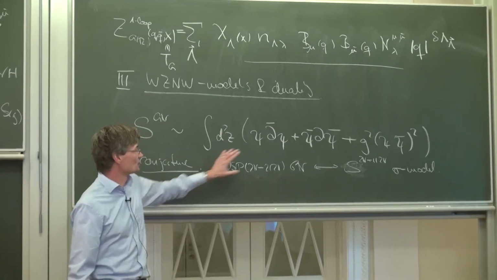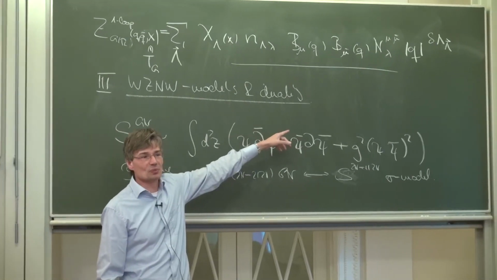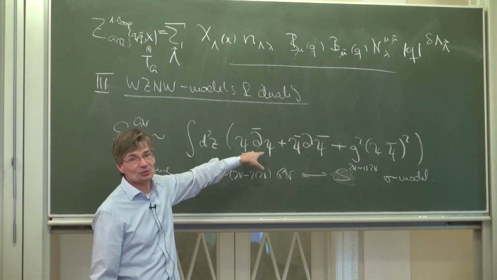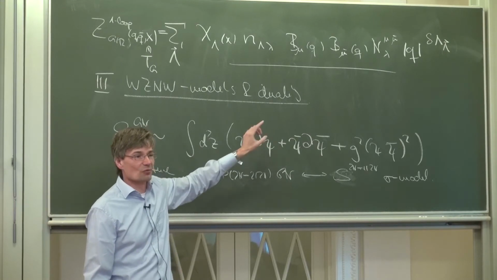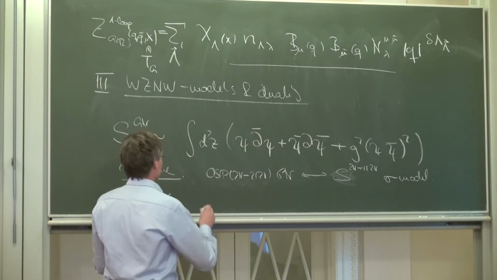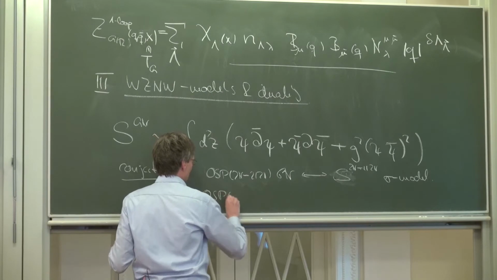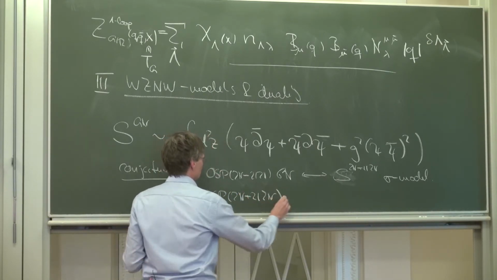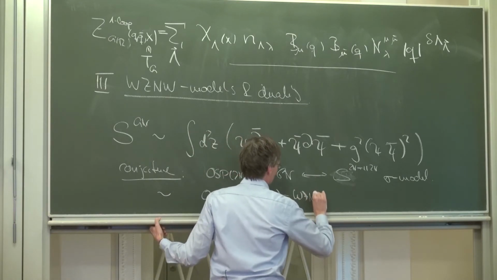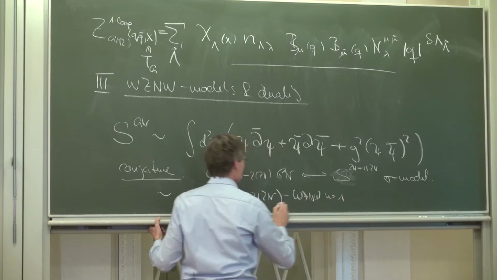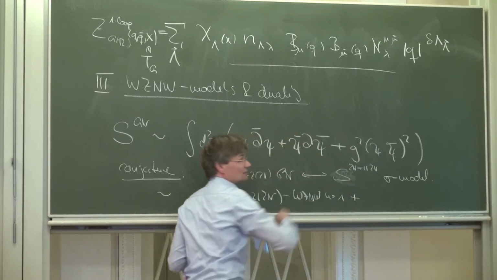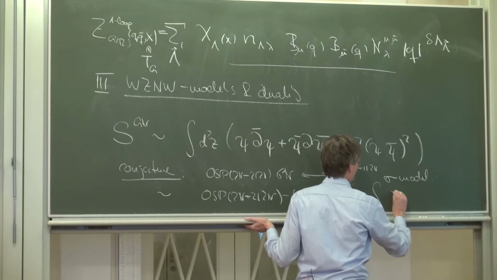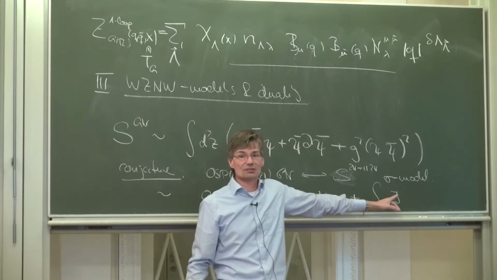You can use these free fermions to build an OSP 2n plus 2 | 2n Wess-Zumino-Novikov-Witten model at level k equal to 1, plus a term that's quadratic in the fermions, which you can write as a current-current interaction, where these are now the holomorphic currents of the Wess-Zumino model.